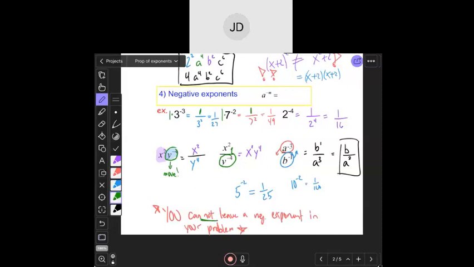Right? You have to do something with it. In most cases, that just means move it. So a to the negative m would be 1 over a to the m.